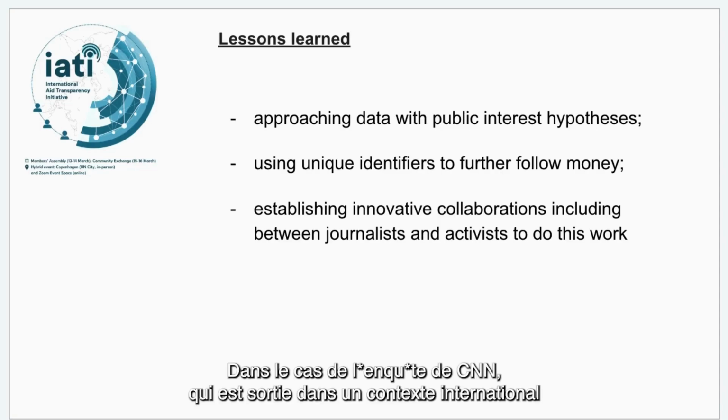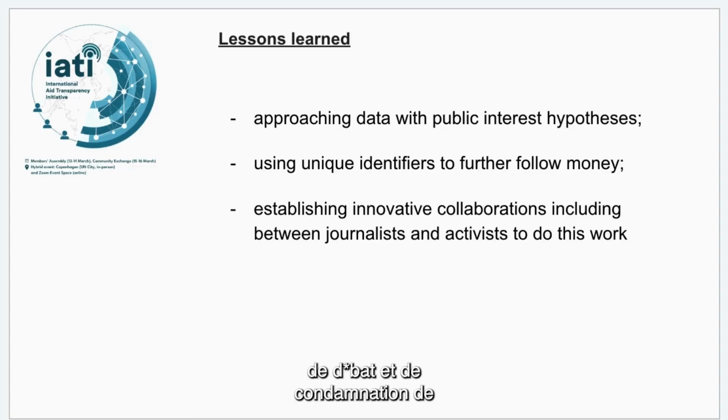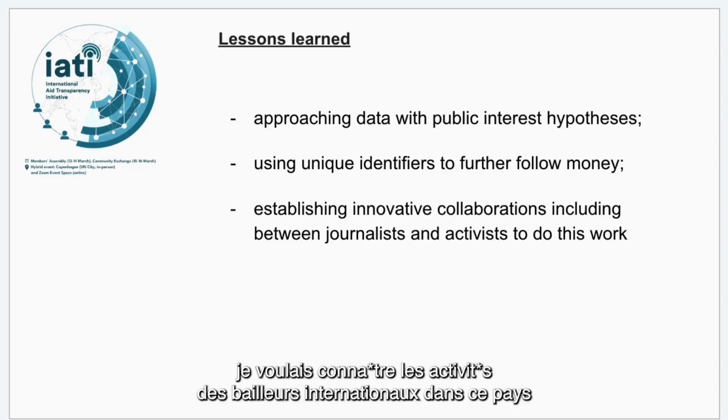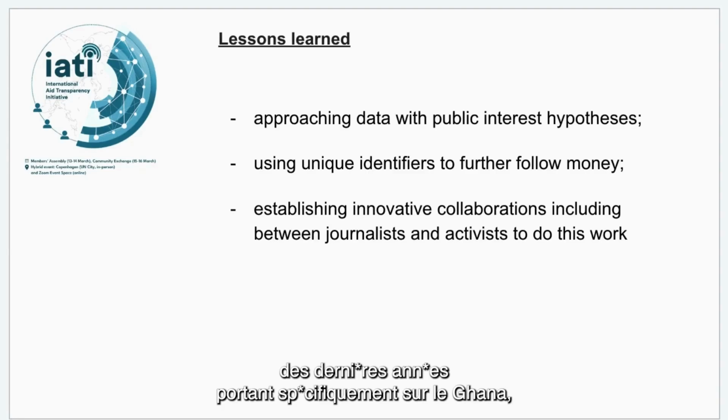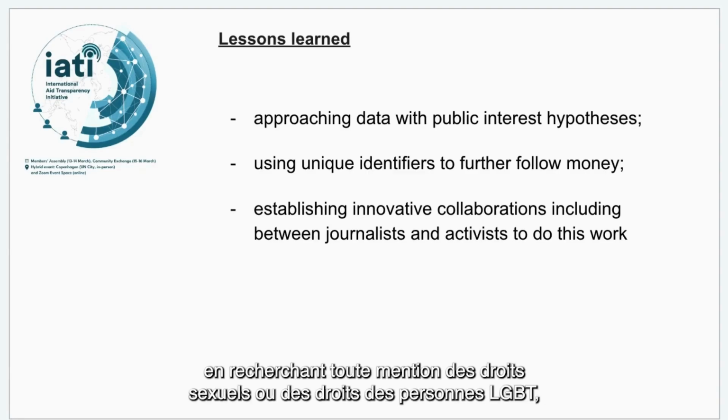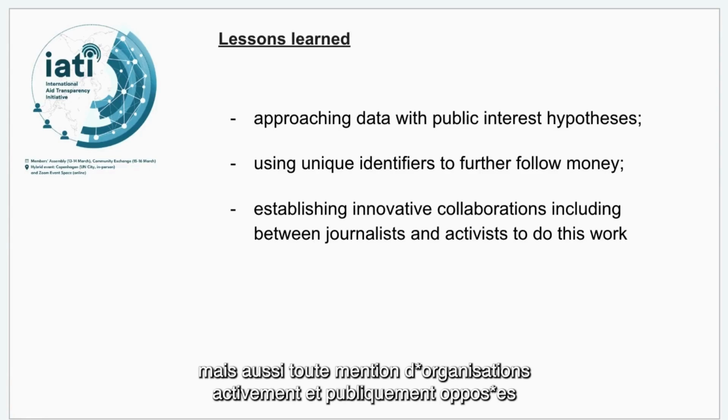So in the case of the CNN story, which came about in the context of discussions and international condemnation of the anti-LGBT bill in Ghana, I wanted to see what international donors were doing in that country, who they were partnering with. And so I looked only at records for that one country, Ghana, and only in relatively recent years, for any mentions of sexual rights and LGBT rights, but also for any mentions of organizations that were actively and publicly opposing those rights.